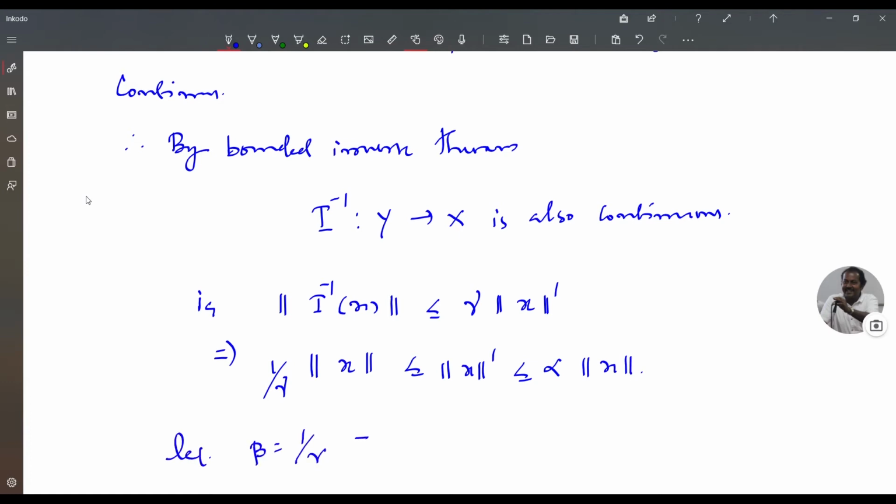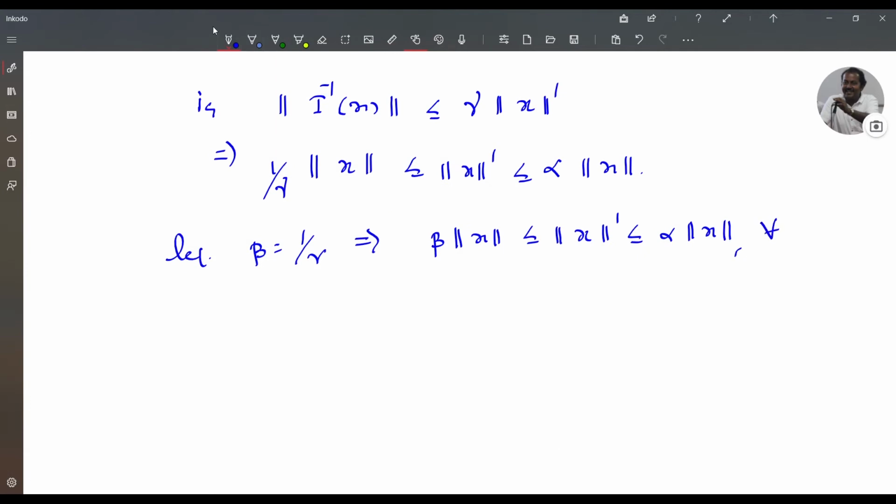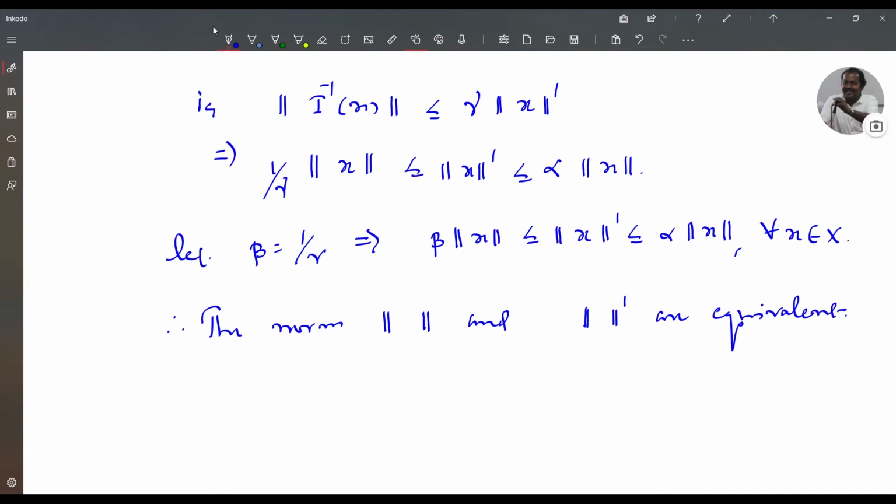So this implies beta times norm of x is less than or equal to norm dash of x, which is less than or equal to alpha times norm x for all x in X. Therefore, the norm and norm dash are equivalent. So this proves the two norm theorem.